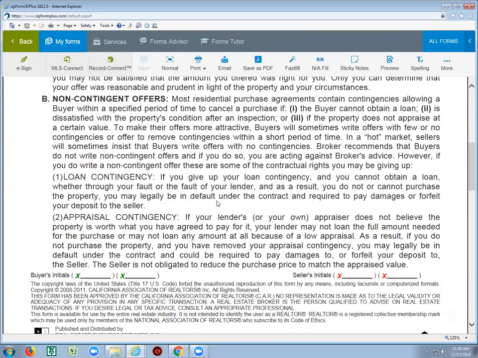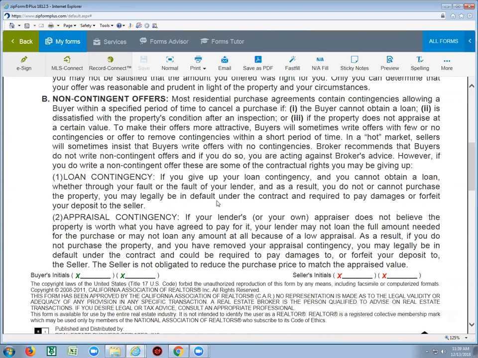How to withdraw? There's a form called a withdraw offer. Send the withdraw offer and the counter offer too. So you withdraw the buyer's counter number 1 and submit the buyer's counter number 2.